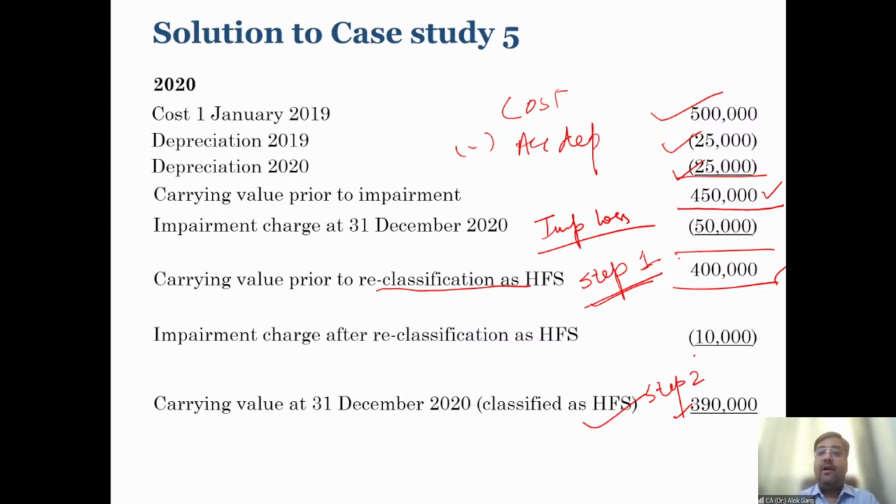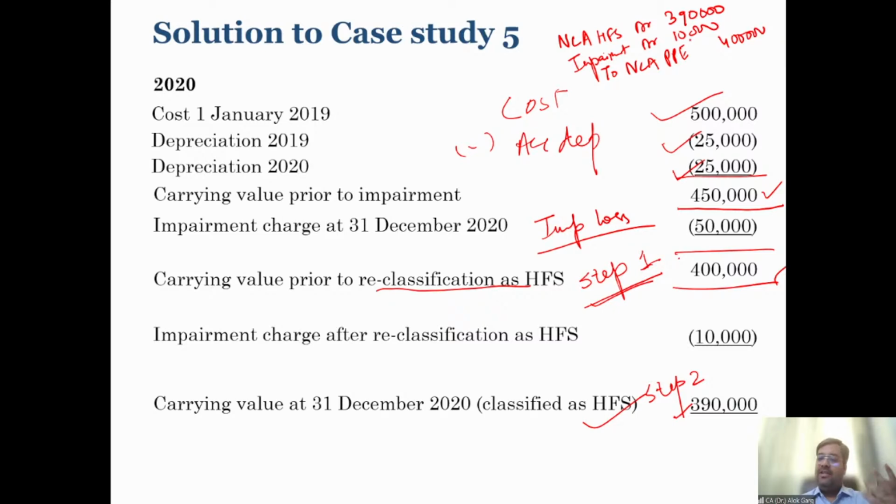What is the accounting entry? NCA HFS account debit 3,90,000, impairment debit 10,000, to PP 4 lakh. I'm only passing this entry for held for sale recognition, right?